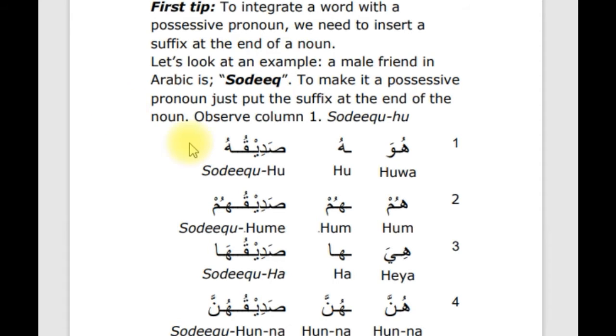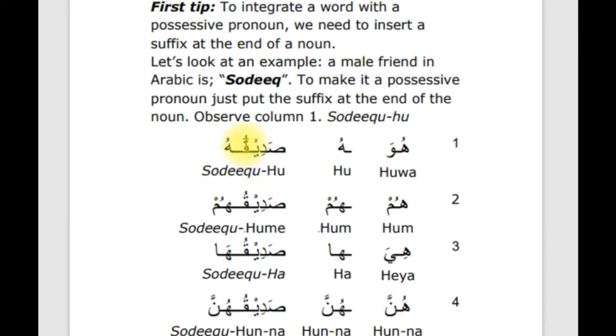Observe column 1. Sadiquhu. Huwa. This first column is a separated pronoun. The second column is the possessive pronoun. So you can't connect a word using the separated pronouns.